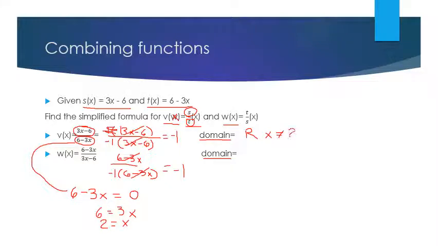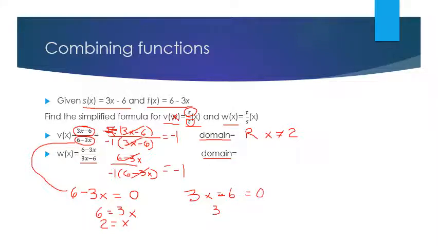So what would that look like? It would look like x equals -1, a straight line, but there would be a hole in the line where x equals 2. What about this other one? If 3x minus 6 equaled 0, what would be the value of x?